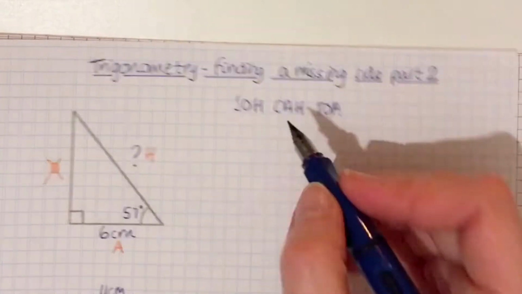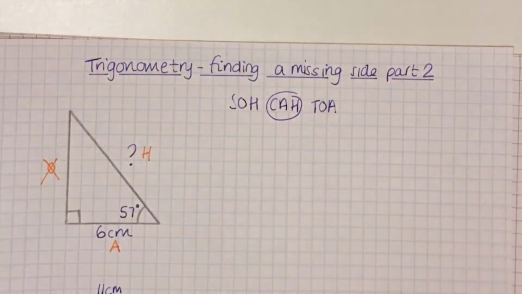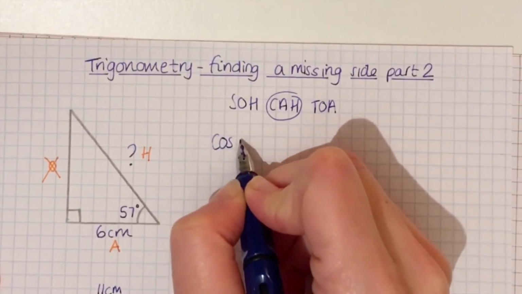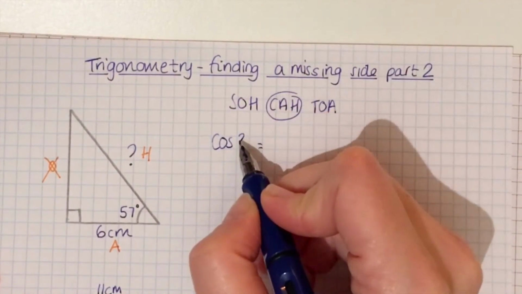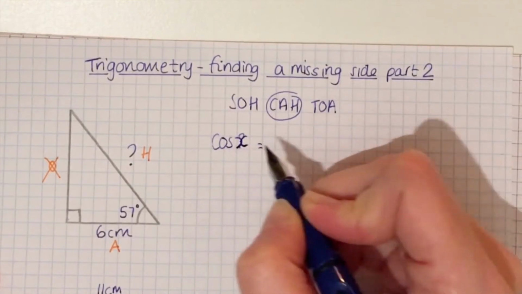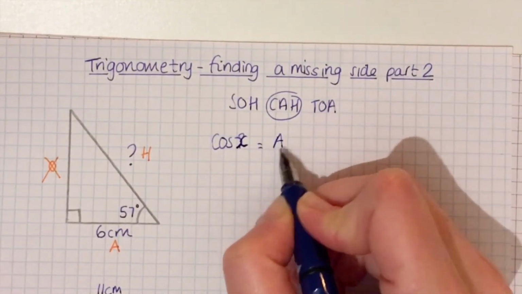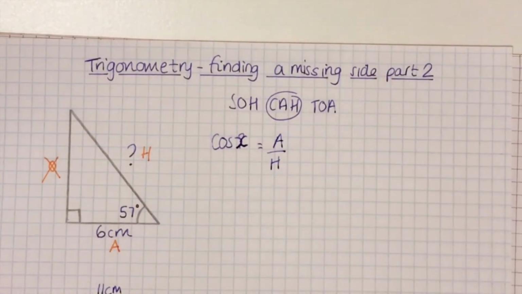I'm working with A and H, so I'm working with CAH. If I write it out, cos of the angle x equals A over H.